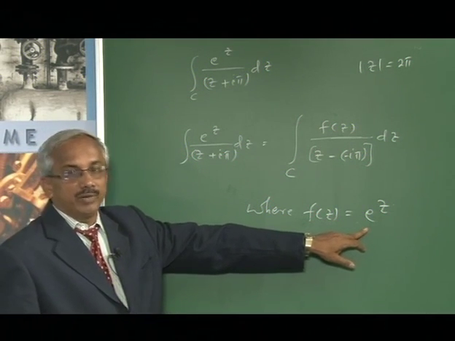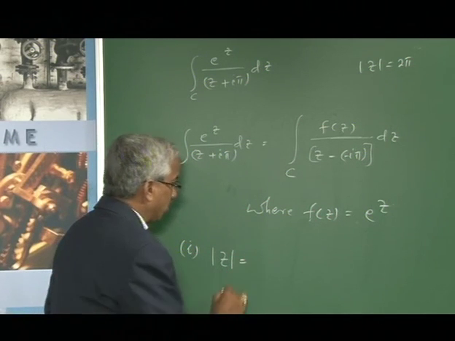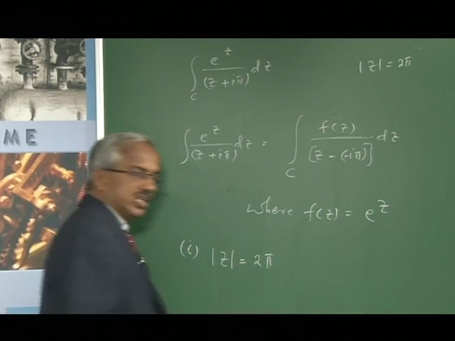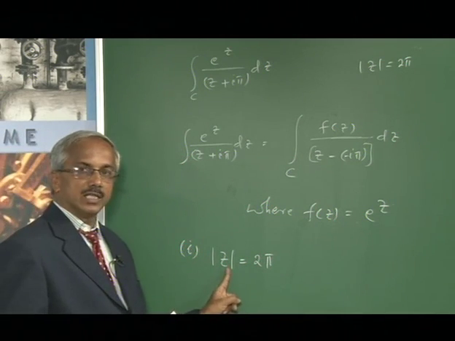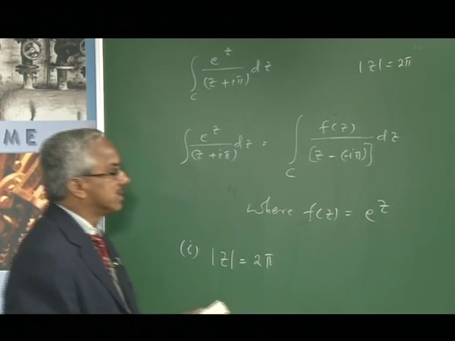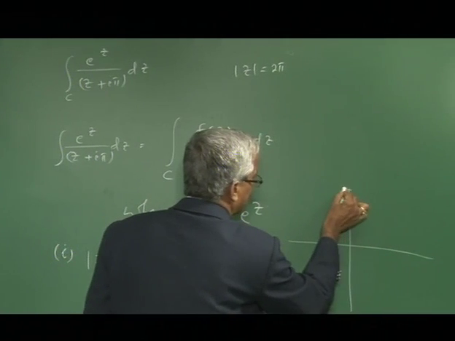So the first case I have taken here is mod z is equal to 2 pi. This mod z is equal to 2 pi represents a circle centered at origin with radius 2 pi.